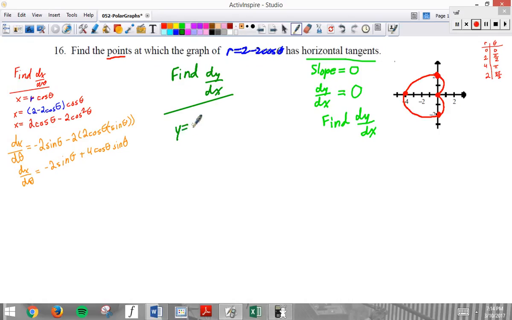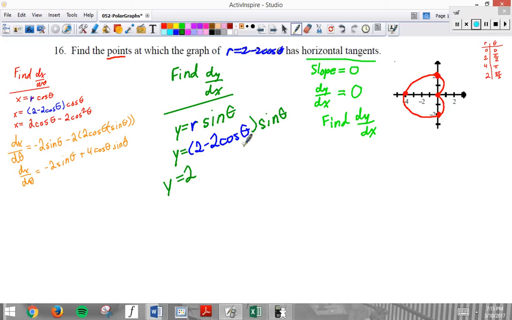Y equals r sine theta. R, right there, buddies. So y equals 2 minus 2 cosine theta times sine theta.